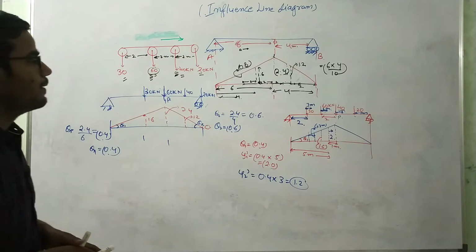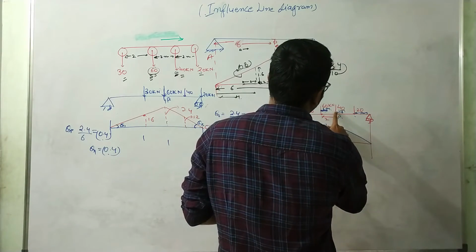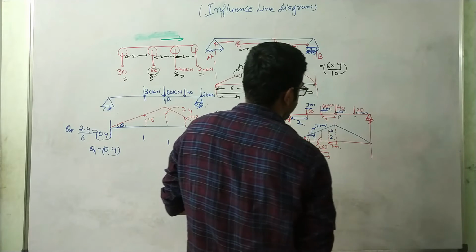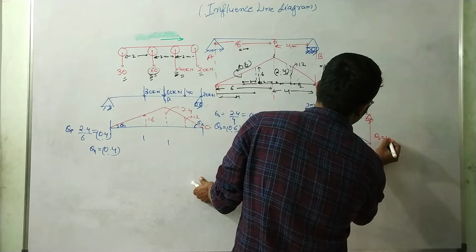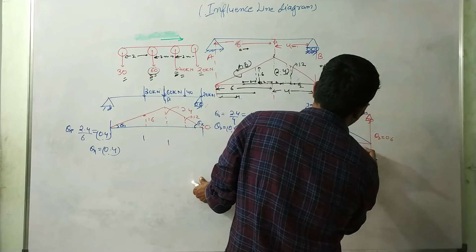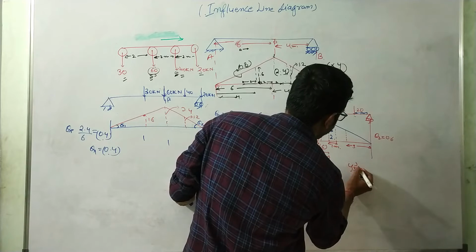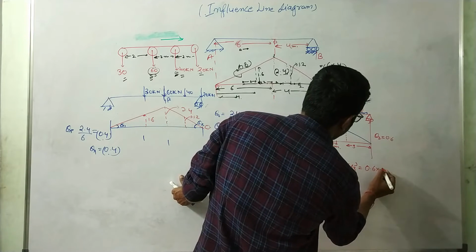Okay. Now, when this 40 kilonewton load is moved by 1 meter, and this θ2 here is nothing but 0.6. Okay. So this ordinate at a distance of 3 meter will be, let us denote by y3 dash, 0.6 into 3.